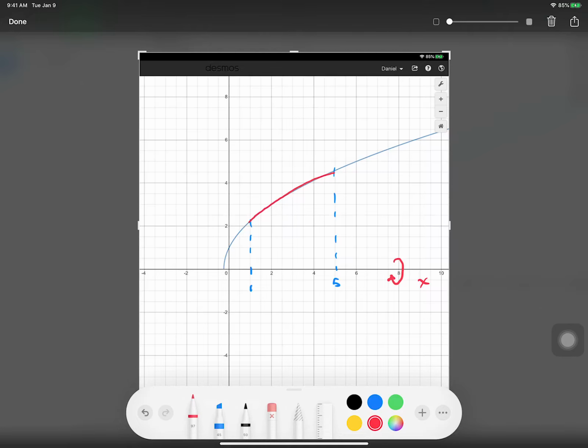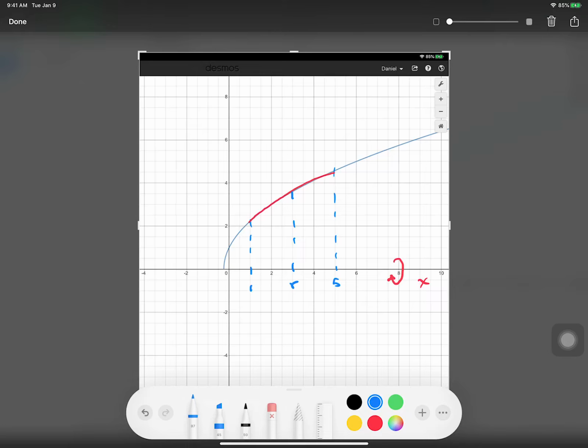Okay? Now, when you rotate this about the x-axis, I want to point out to you that what you need here is a radius value. So this will create a circle of some sorts. I know that's not very good, but I want to point out that from 1 to 5, your radius is going to be something like this. Here's the r value.